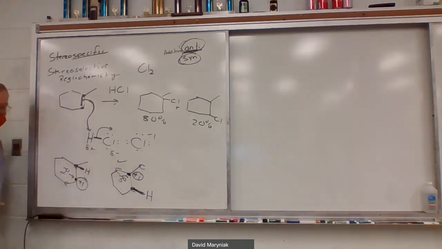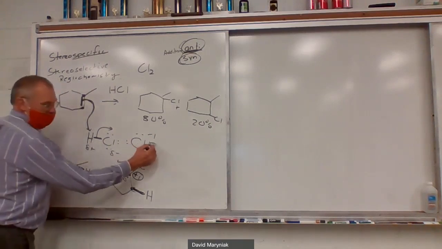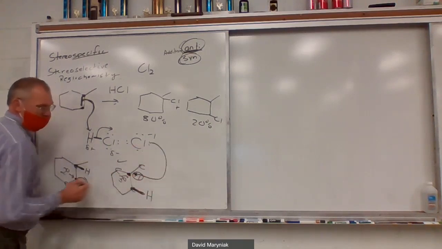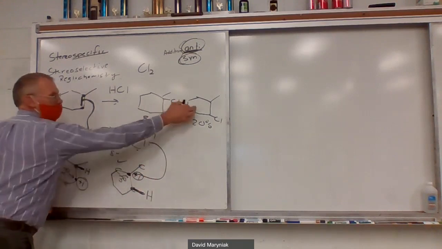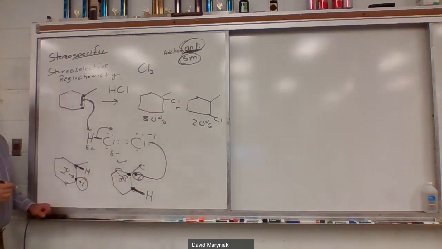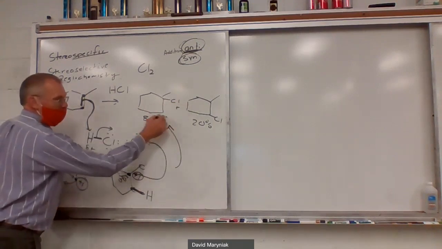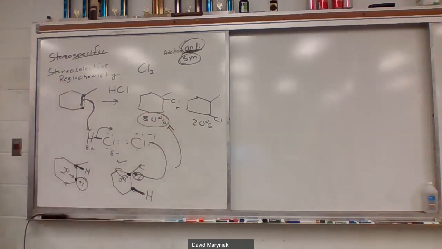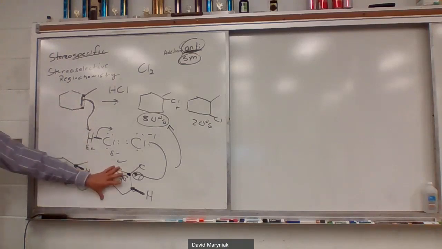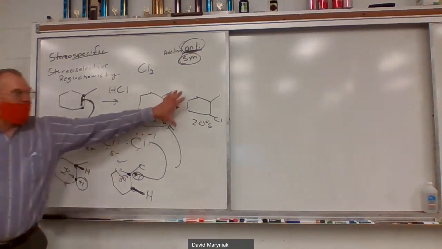That one. And when we then reconnect this chloride to the carbocation, that leads to which product? So why do we get more of it? Because it passes through a more stable intermediate than this one.